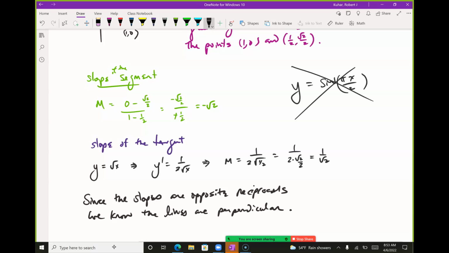I won't do that. Think about that y value inside of my distance formula. I'm going to have sine of pi x over 2 minus some point quantity squared. So I'm going to get a quadratic and sine inside of a radical. Not going to happen.